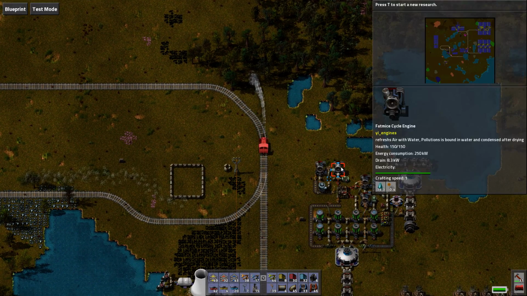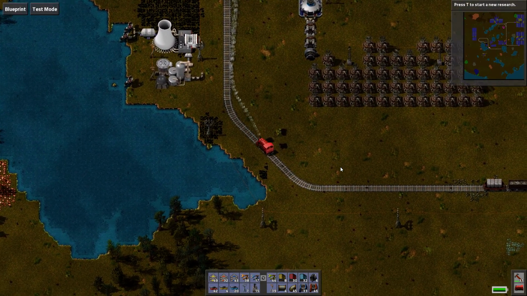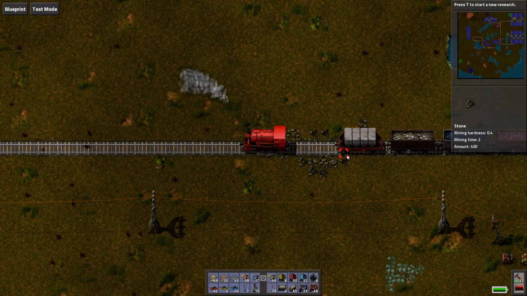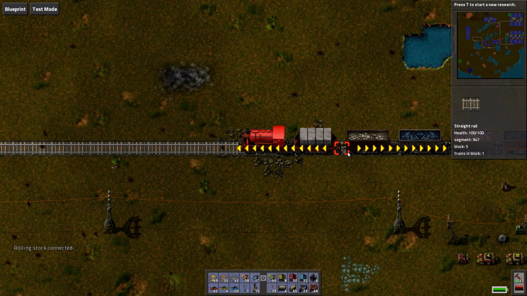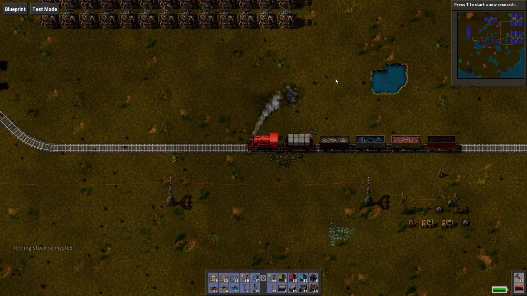Alright, so let's go back. We'll connect up to the wagons down here. Alright. We connect to the stocks.